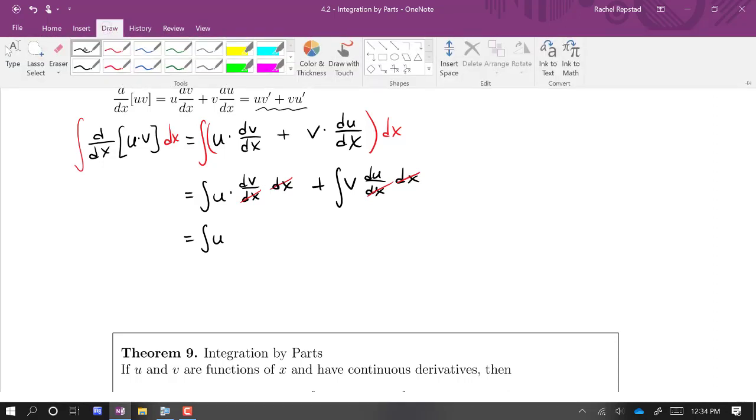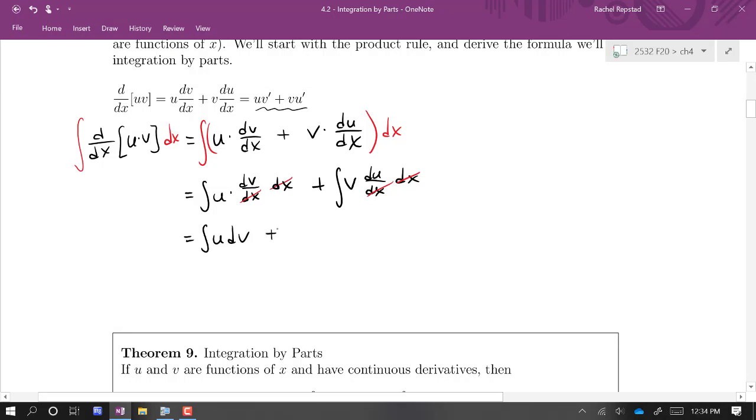We have the integral of u dv plus the integral of v du, and on the left side of this equation we have the integral of the derivative of u times v. So the integral of the derivative, those two things cancel each other out, right? Integration is sort of an inverse operation to differentiation. So on the left side, we've got u times v.